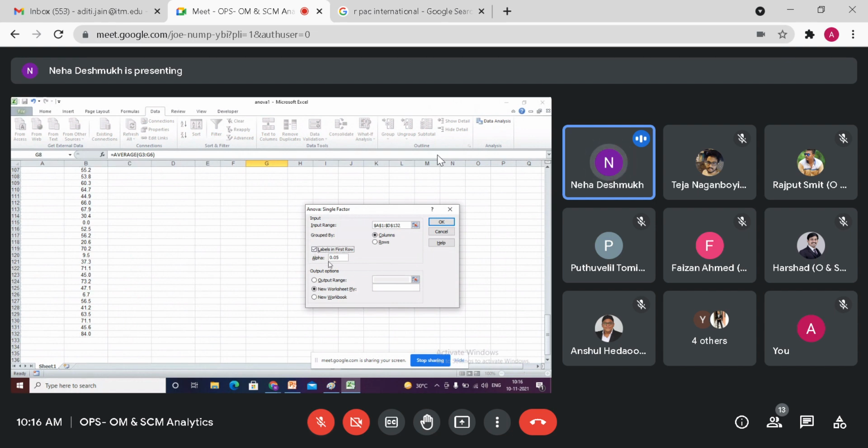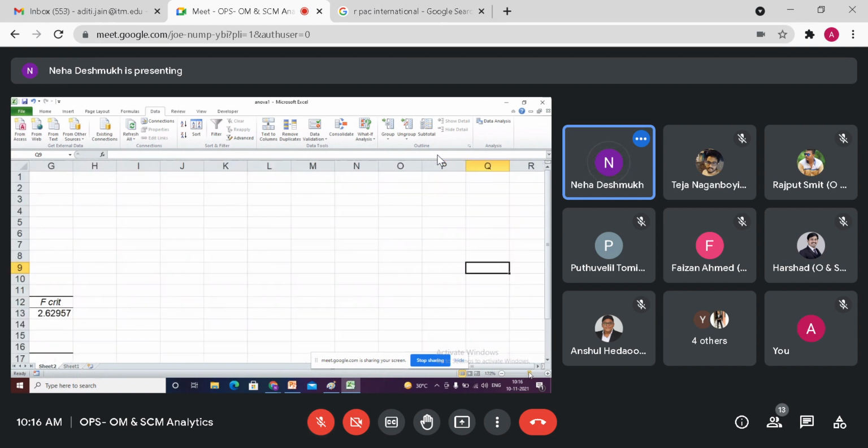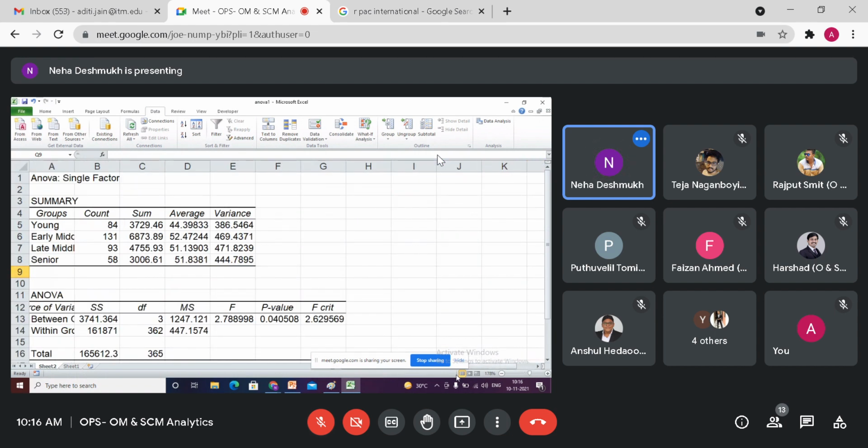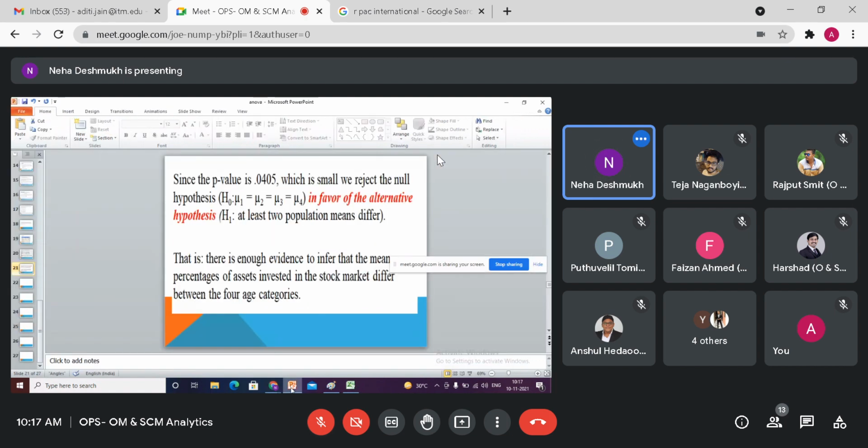Labels in the first row, alpha value 0.05, and we can check the result on a new worksheet. See this one. This is our F value, right? In our manual calculation also we are getting the same value, 2.75. Where is it?